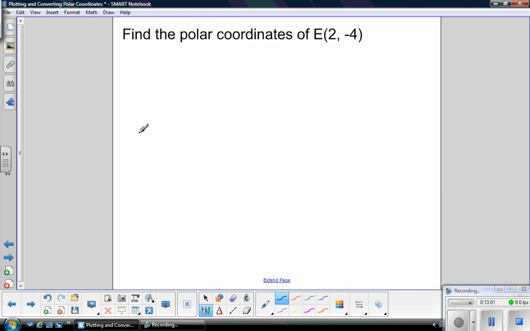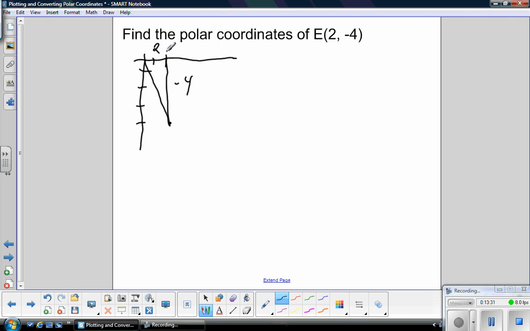Find the polar coordinates for point E, which is at the point of 2, -4. So let's plot that so that we have an idea of what it looks like. That's in quadrant 4. So I have 1, 2, 1, 2, 3, 4. So that's my point. Now, let's draw in our triangle. Okay, so this is -4.